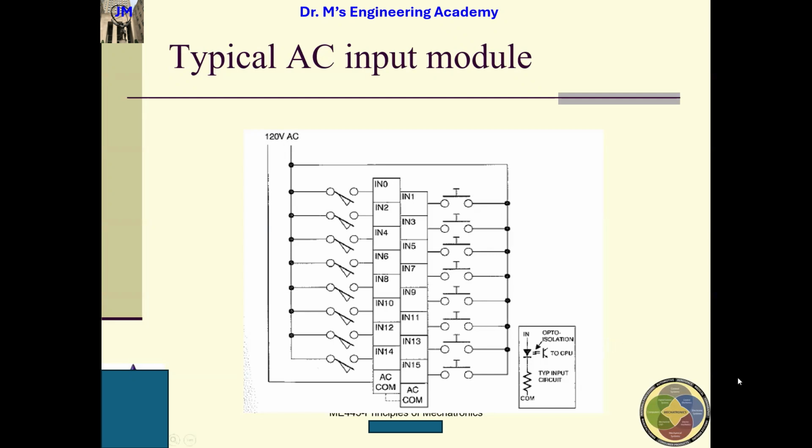Let me mention that one more time. Opto isolation is used to protect the CPU, which is usually driven by low power, from the external high power, to separate the high power from the low power.